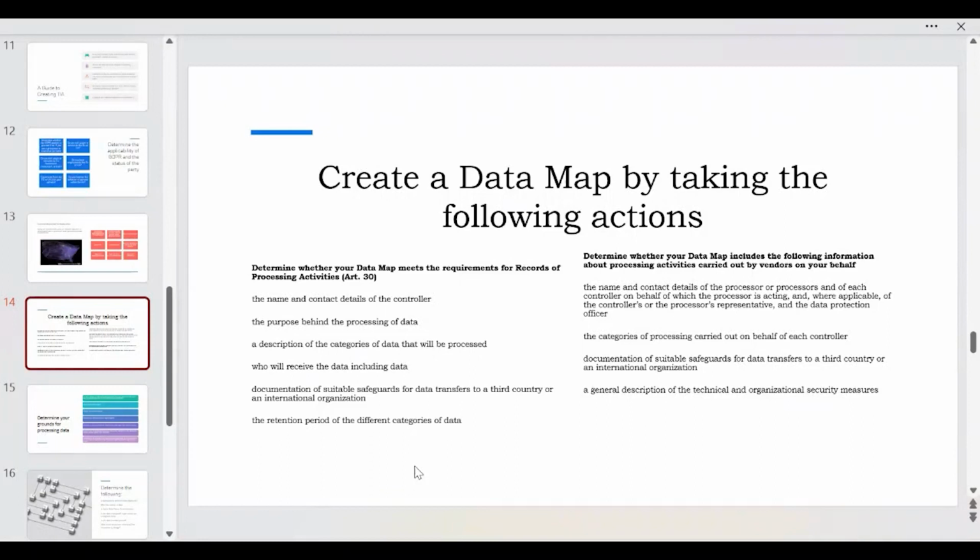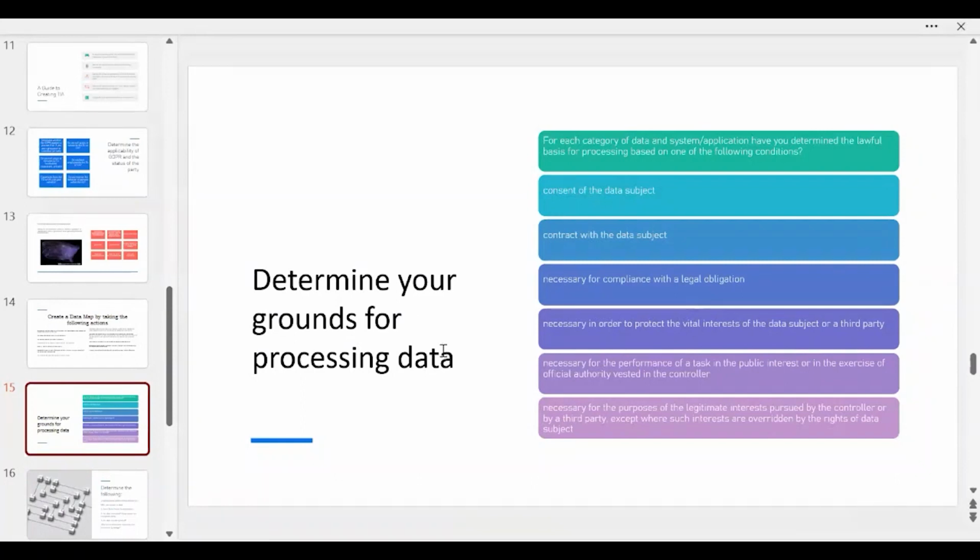Have you conducted your transfer impact assessment? Has there been organizational and technical measures? And then a general description of everything. That has to be mapped. It talks about what is necessary for compliance, what your legal basis for transferring data is, and things.